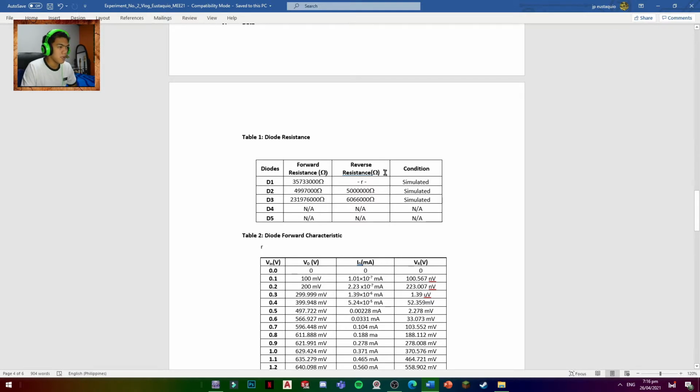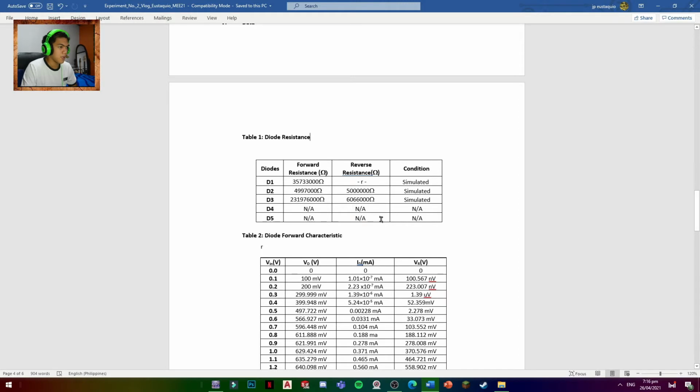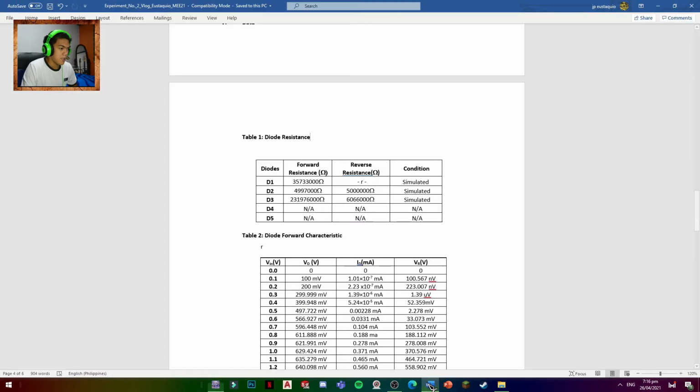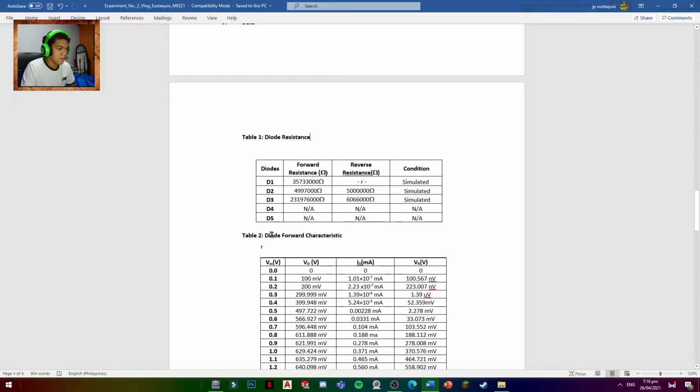On the reverse resistance, on D1 I have the value R, as you can see here, in D2 the value is 5 megaohms, and in D3 the value is 6.066 gigaohms.